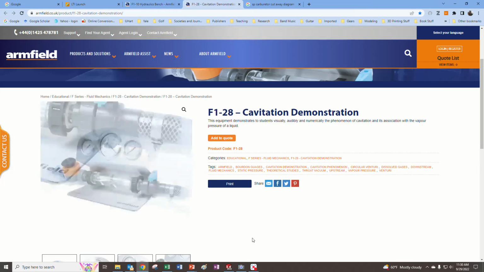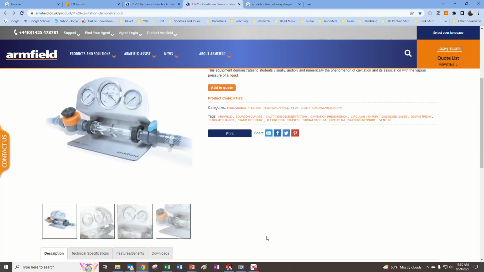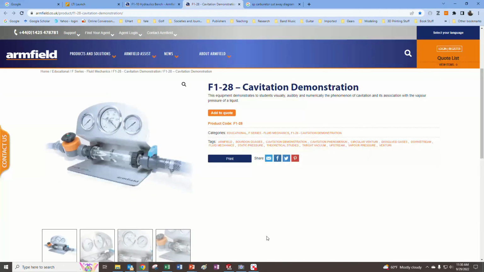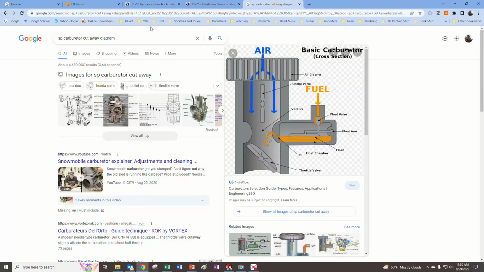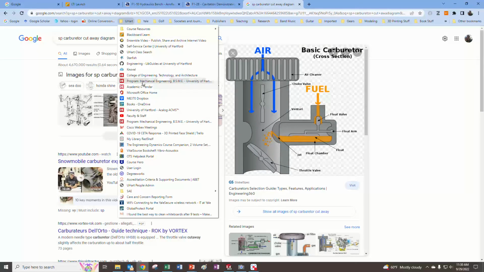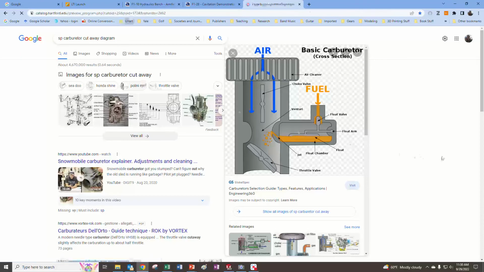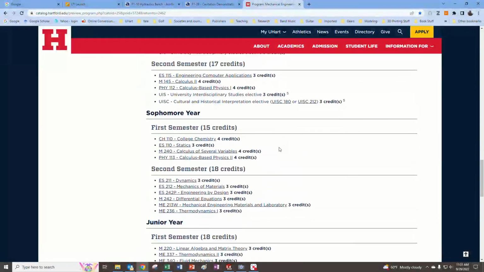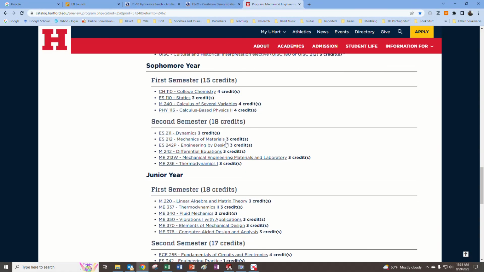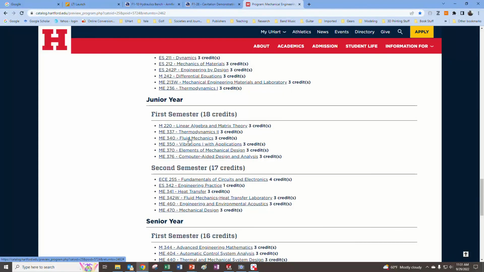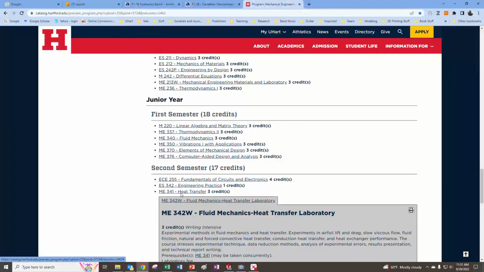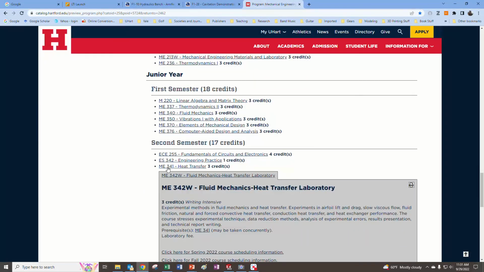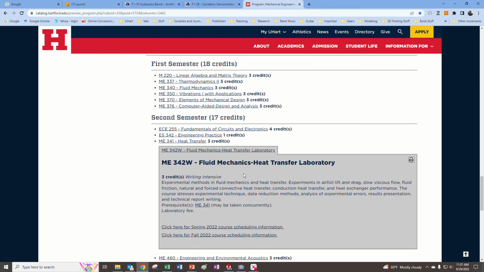I wish I had that unit here at UHart. Maybe if there is a thermofluids lab. I was mentioning this the other day, and it seemed like the mechanical engineers didn't realize that they'd be taking this class coming up. But here's us right now taking fluid mechanics, and next semester you'll want to be taking ME341W, and this is a lab class where you do experiments with fluid mechanics.